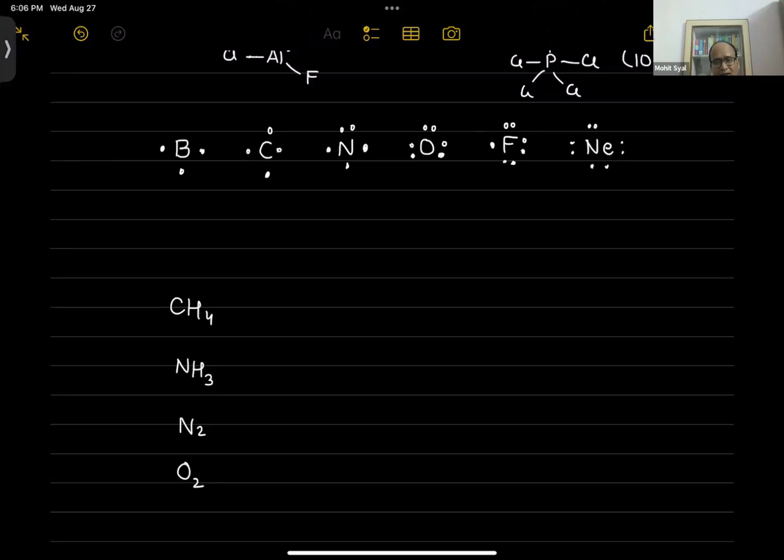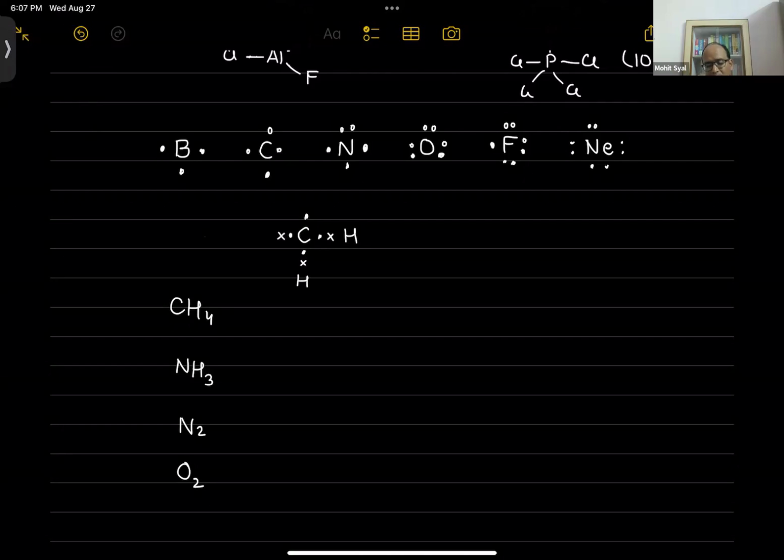So you can start with methane, and you might have done it in your class 10th also. Carbon has 4 valence electrons, and it needs to share all its 4 valence electrons with 4 hydrogens. Hydrogen doesn't need to complete its octet because it is a first period element. It needs to complete a duplet, because hydrogen wants to become like helium, as it has only one shell.